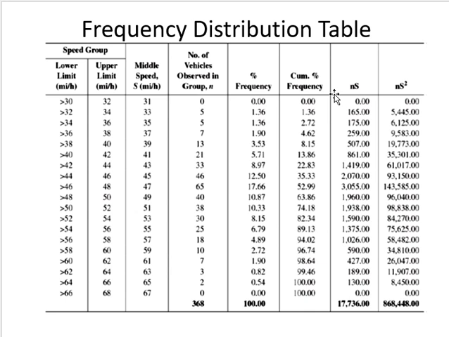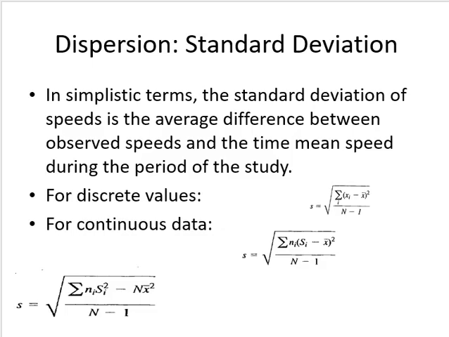The mean 48 point, how much? 1 or 2? 48.2. Okay, clear? Yes.